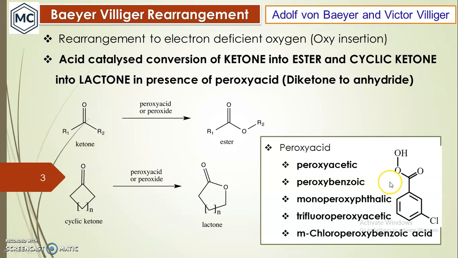This is the structure of metachloroperoxybenzoic acid. And here you have an oxygen, and this oxygen you can insert in between two carbons. So in the case of a ketone, you can insert oxygen in between these two carbons, and in a cyclic ketone you can insert one oxygen in between these two carbons by using peroxy acids.